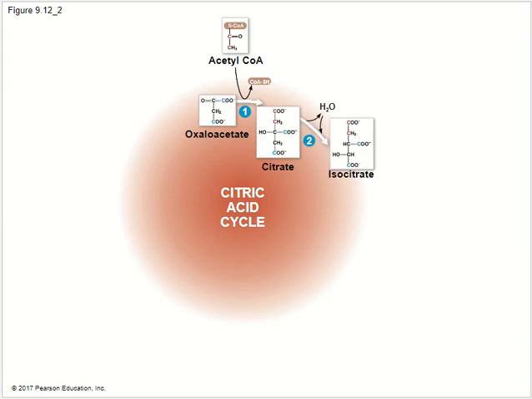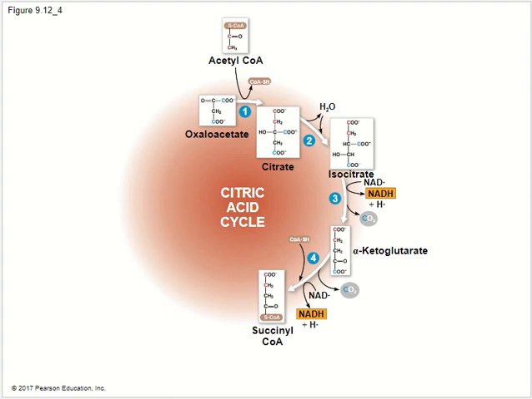So as acetyl-CoA binds with oxaloacetate, citrate is formed, and then we get isocitrate. A reduction of nicotinamide leads into alpha-ketoglutarate, and then more reduced nicotinamide leads to succinyl-CoA.